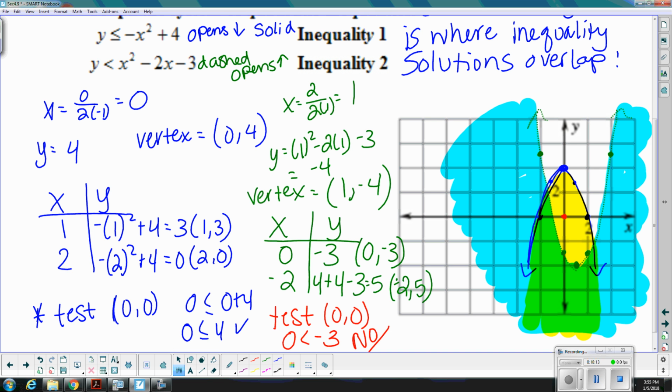So now you can see from my green area, this is my solution. So the part that I just went over again in red pen, very clearly marked as the solution, where any point would satisfy both inequalities.